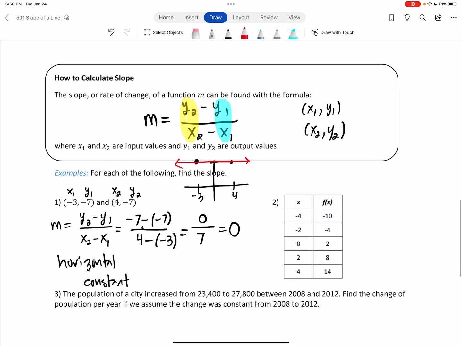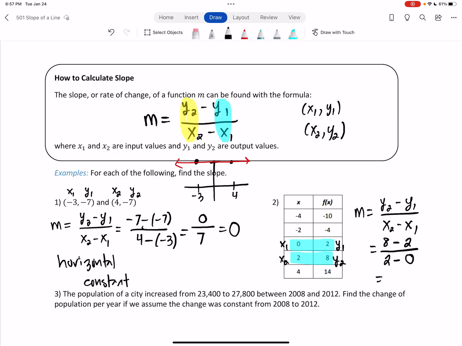Okay, if I'm given a table and I want to find the slope, I can pick any 2 points I want. I tend to pick points that are easy, so I'm going to pick points that have positive values. You could pick different points and it would work as well. This is the x1 and the y1, because remember f of x represents y. And then x2 and y2. So slope again is y2 minus y1 over x2 minus x1. y2 is 8, y1 is 2, over x2, 2, x1, 0. 8 minus 2 is 6, over 2 is 3.